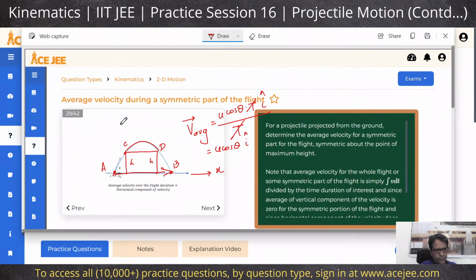So u into cos of whatever angle is there, alpha. Let's say this is V and this is alpha. Same logic, you will get V cos alpha. And we know V cos alpha is still the same as u cos theta.